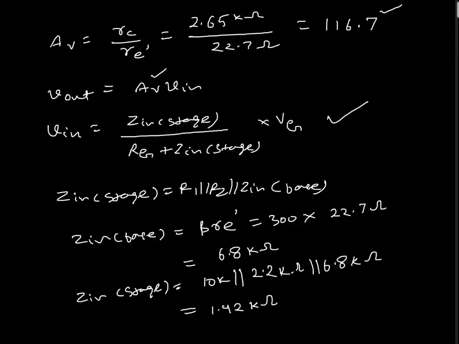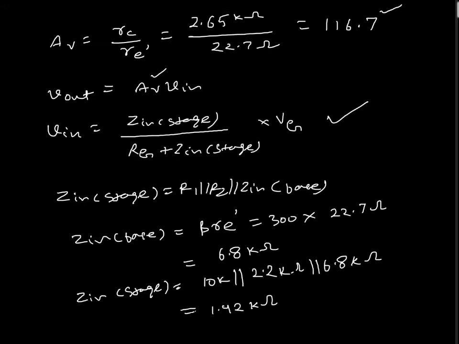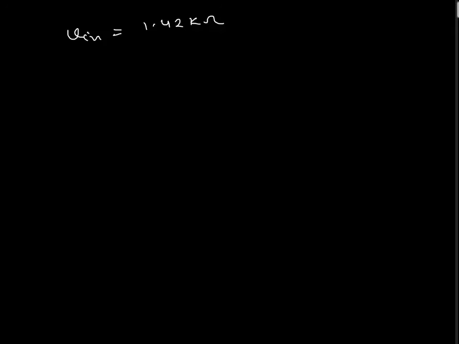So what is Vin? Vin will be 1.42 kilo ohm, which is the Zin stage, divided by Rg, given as 600 ohm, and again Zin stage is 1.42 kilo ohm, and Vg is given as 2 millivolt in the question itself.